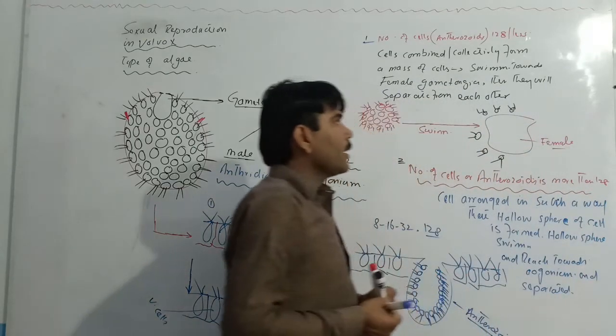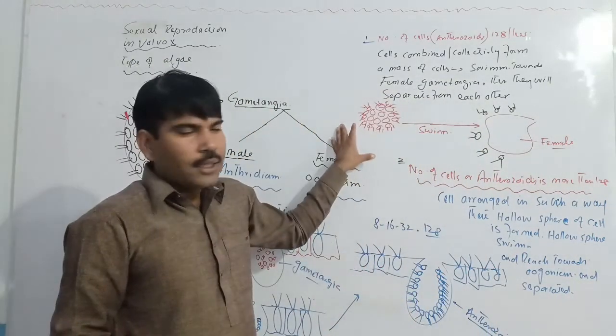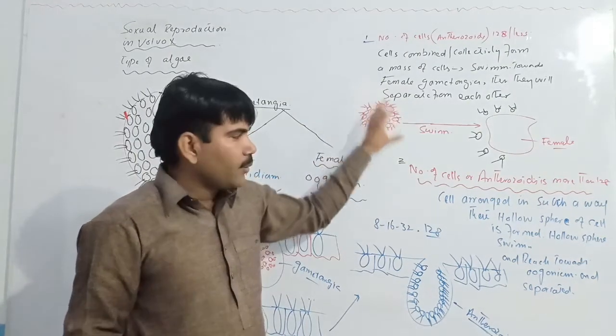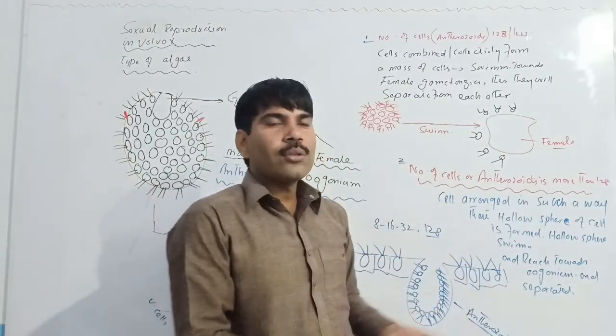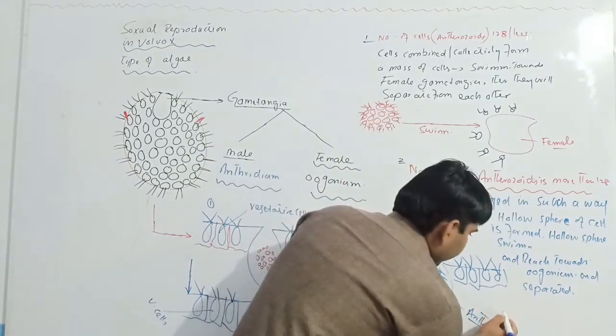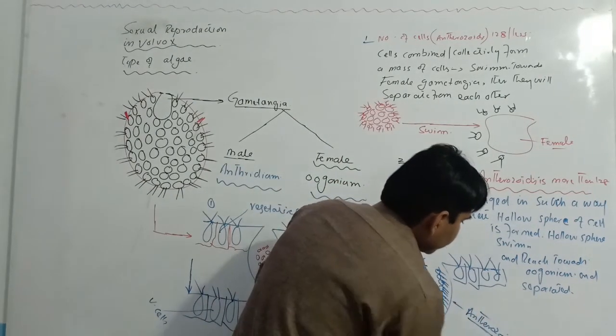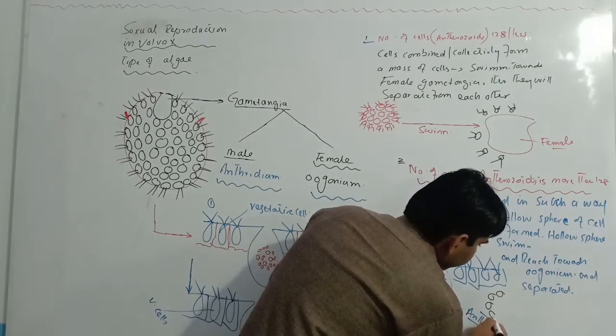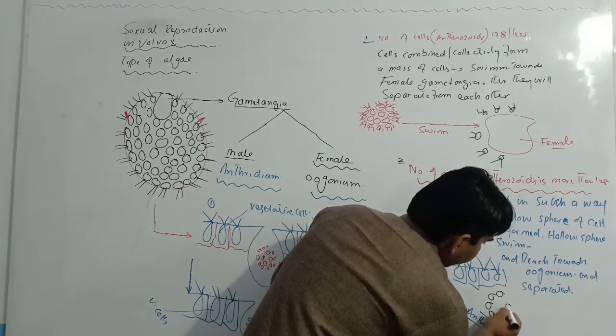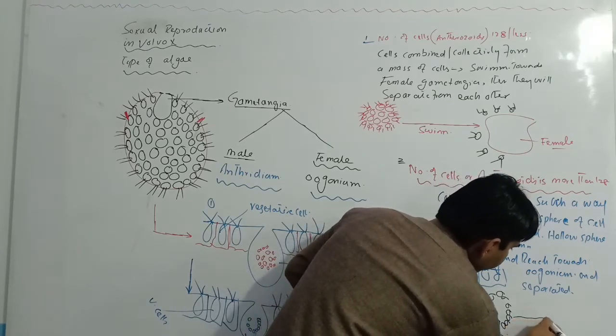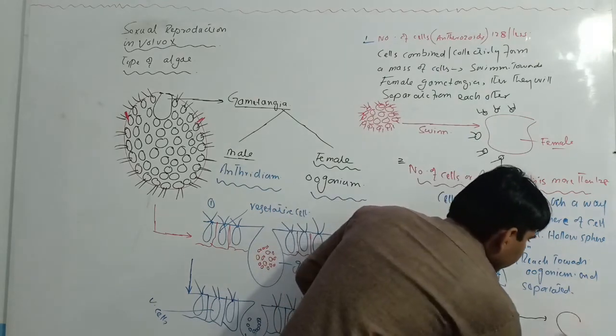Like this. The only difference is that in the first case there is a ball of cells, but in this case there is a hollow sphere of cells, like this. This is a hollow sphere of cells, and it will swim towards the oogonium.